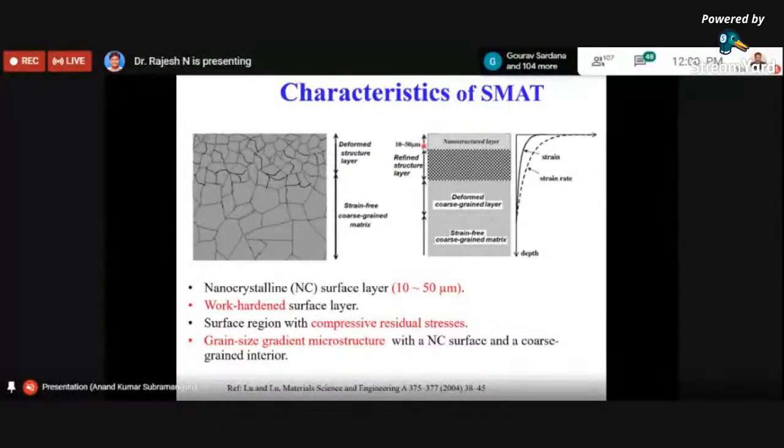So if we use conventional post finishing techniques, there is a good chance that you can totally remove your already induced nanostructured layer. So a non-conventional and very precision kind of post finishing technique has to be thought of.